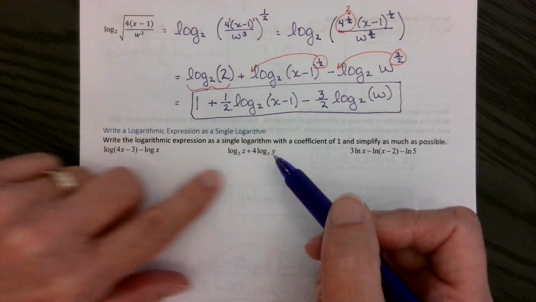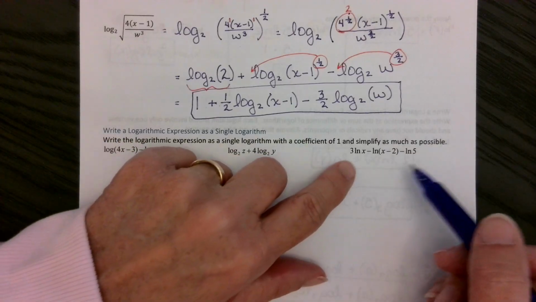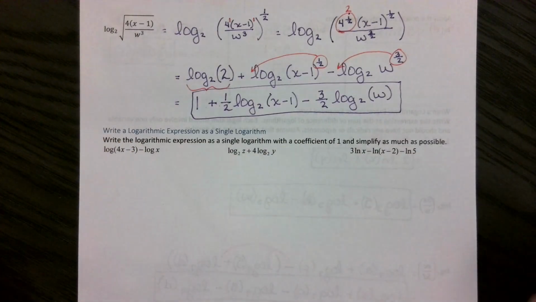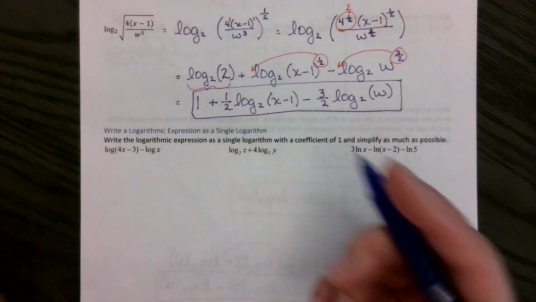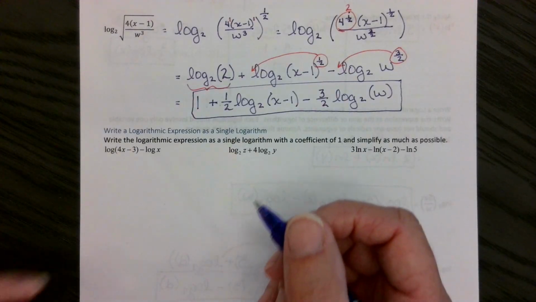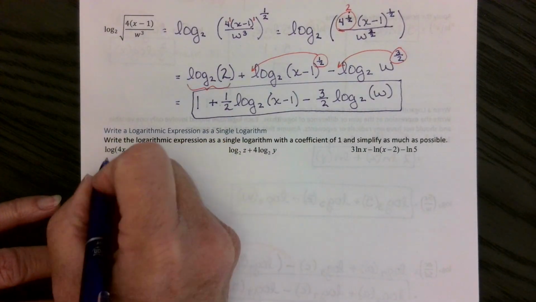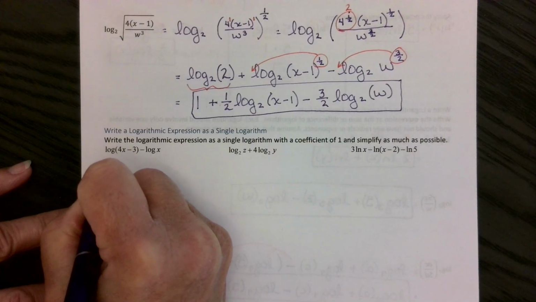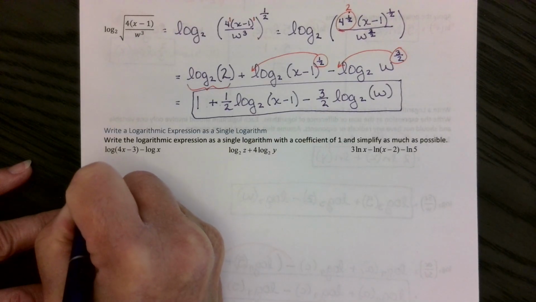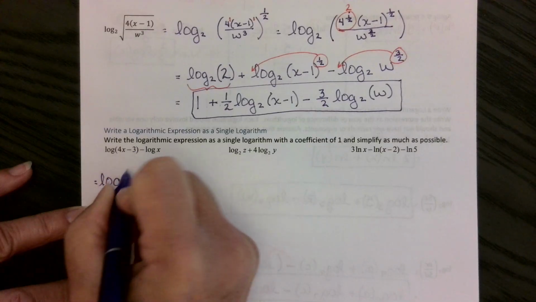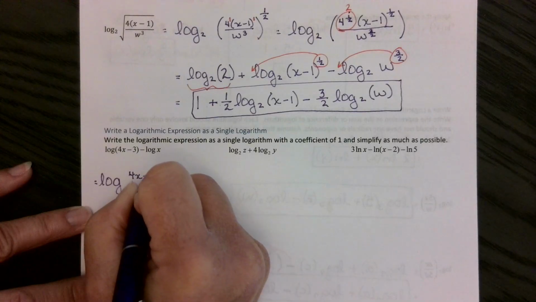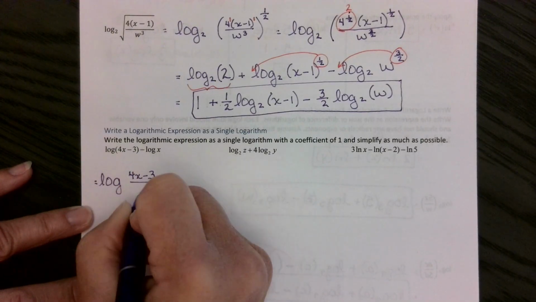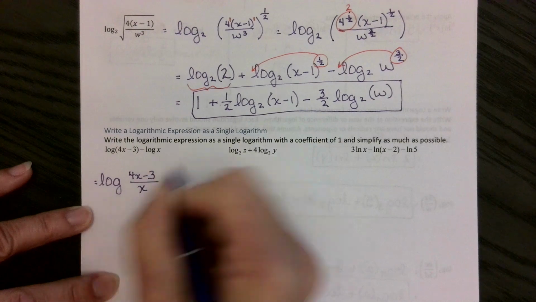Notice these are both log base 2. If they're different, then that's handled differently. But for now, they're going to be the same. Okay, subtraction goes with division. So to write this as a single log, we're going to put this on top. It's positive. So we have 4x minus 3 on the top, and we have x on the bottom.